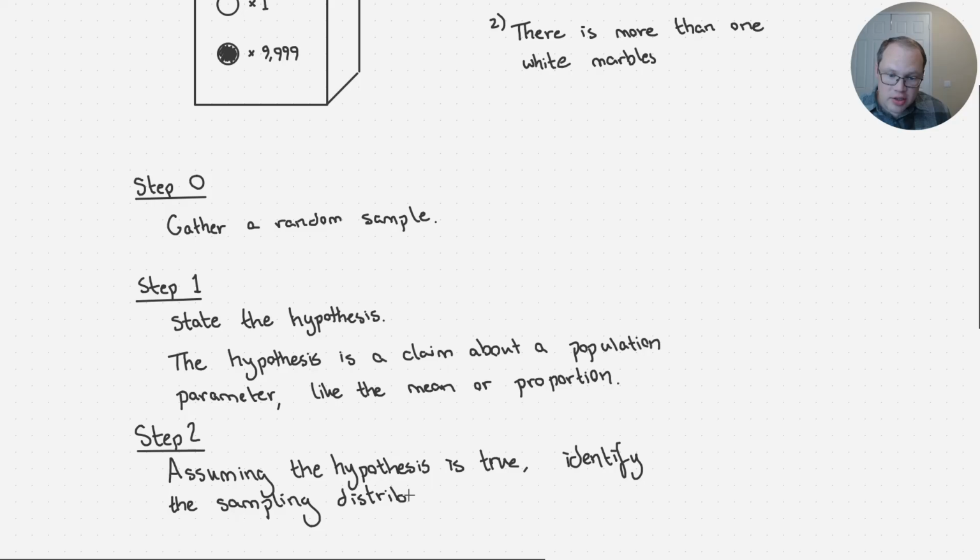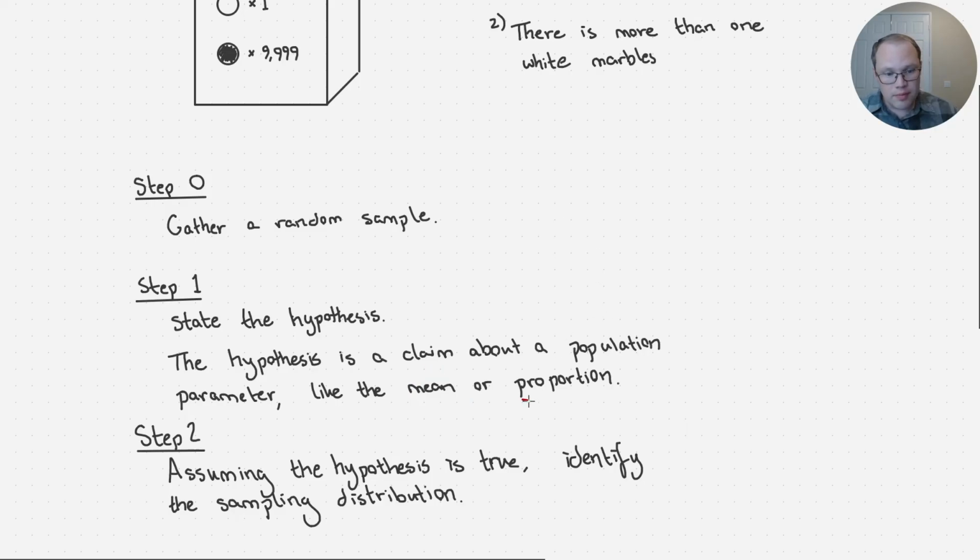This will change depending on what our hypothesis is, what parameter we're looking at. If we are testing a claim about a population mean, then the sampling distribution we would be interested in is the sampling distribution of all sample means, because the sample mean is a point estimate for the population mean. So we use the central limit theorem for sample means to identify that sampling distribution.